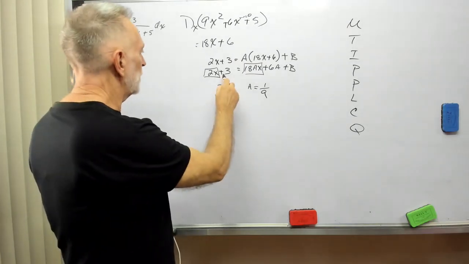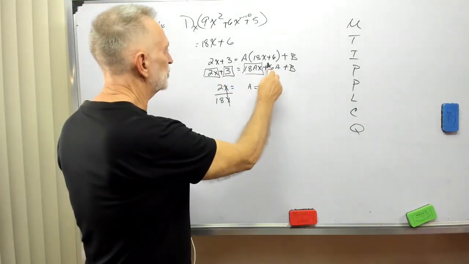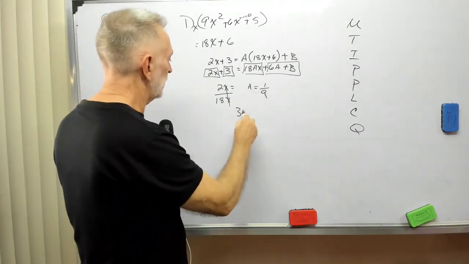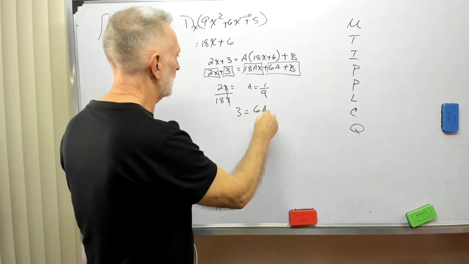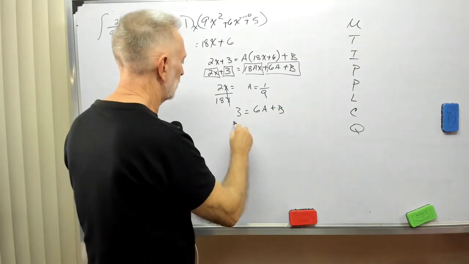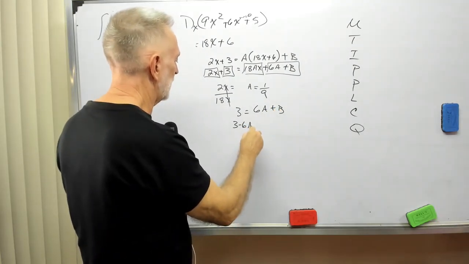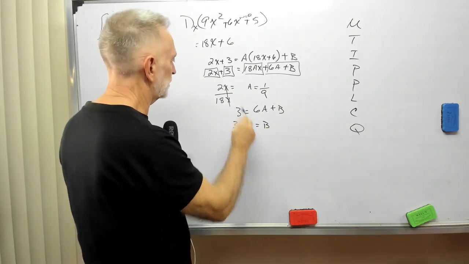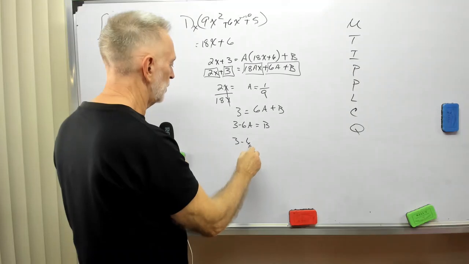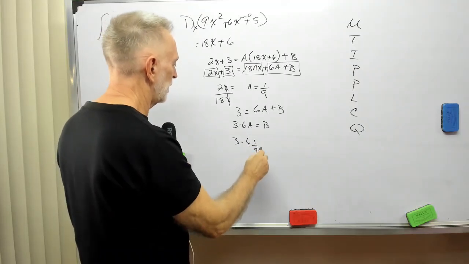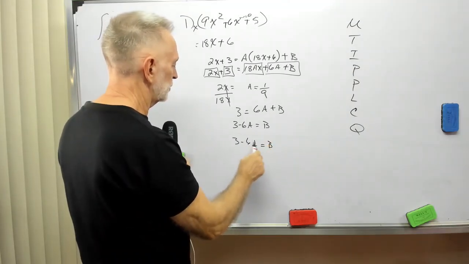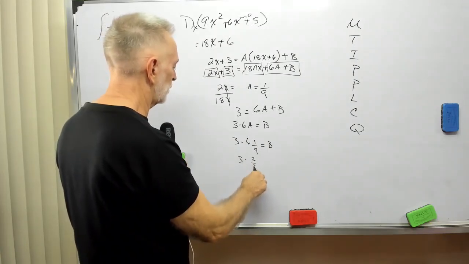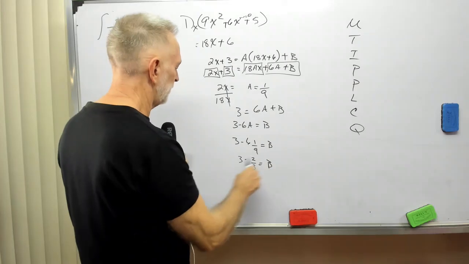Now then, 3 has to equal 6a plus b. So 3 equals 6a plus b, or 3 minus 6a equals b. 3 minus 6 times a, which was 1/9, equals b. So 6 over 9 is 2/3. So 3 minus 2/3 equals b.